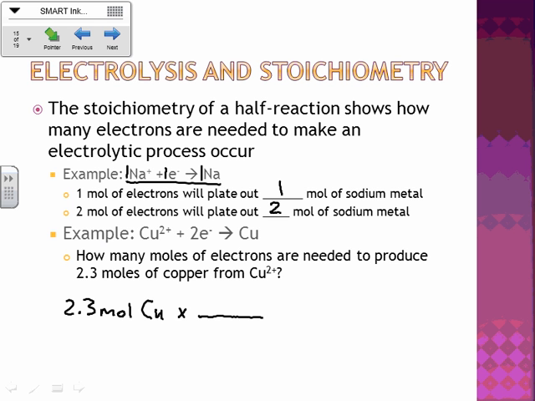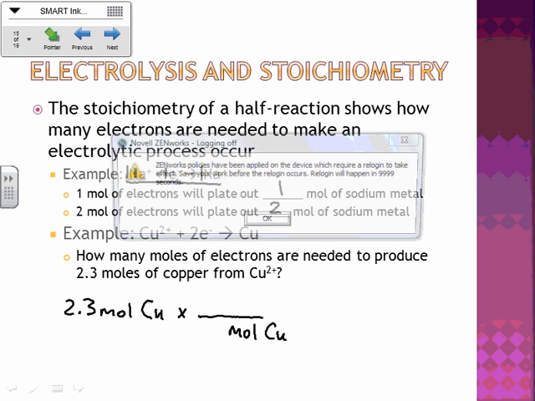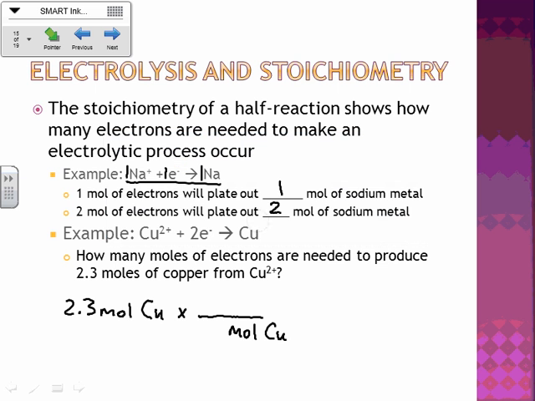Actually, that's not really necessary on this one. Let's just go for moles of copper, because this is in the equation also. What we really want to know is how many moles of electrons. So we can go from moles of copper to moles of electrons because they're both in the equation here. For every 1 mole of copper I want to plate out, how many moles of electrons does that take? Again, just look at the stoichiometry in the equation. It takes 2 moles.